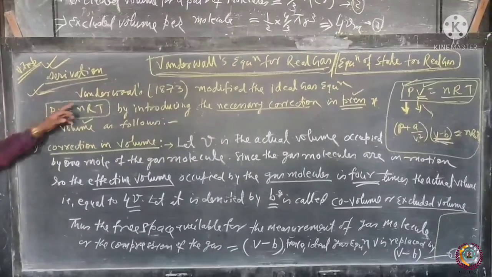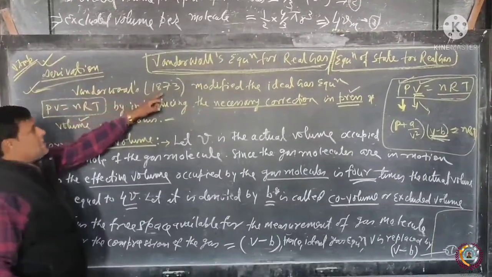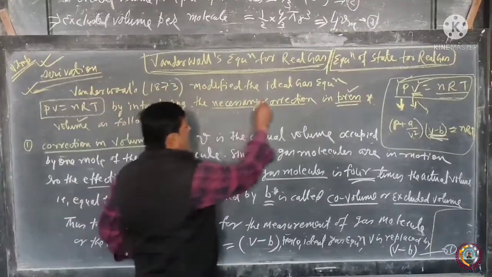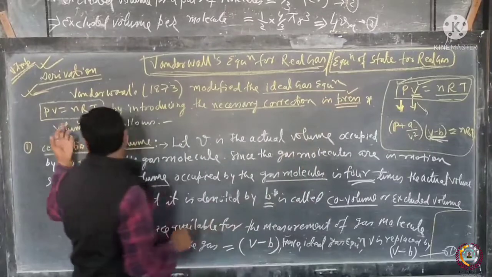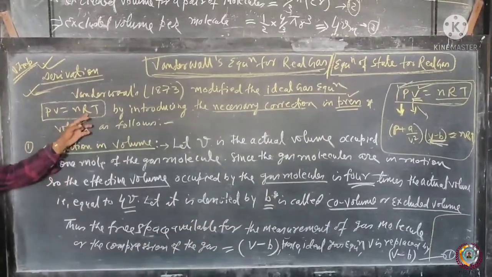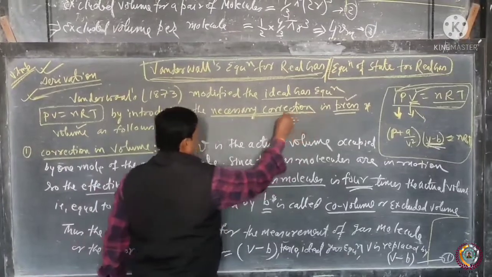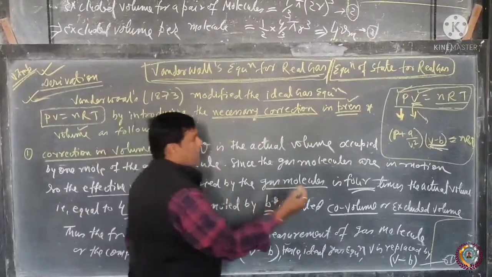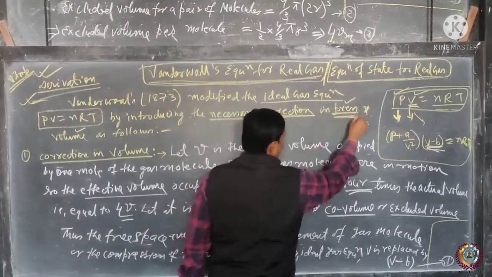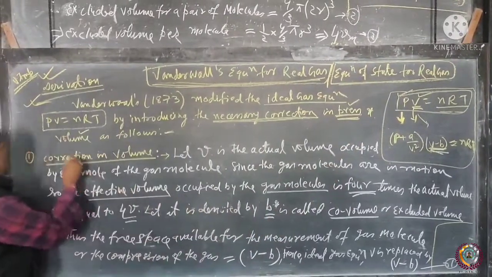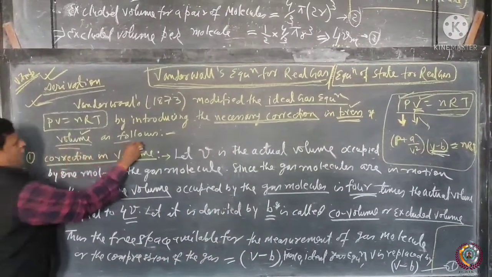First of all, the scientist van der Waals in 1873 modified the ideal gas equation, that is PV equal to nRT, by introducing the necessary corrections. Remember, necessary corrections in which part? In pressure and volume, as follows.